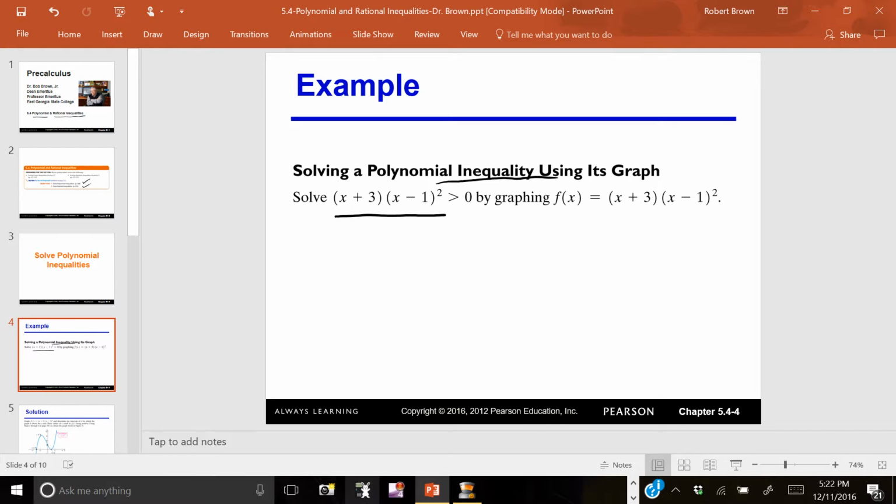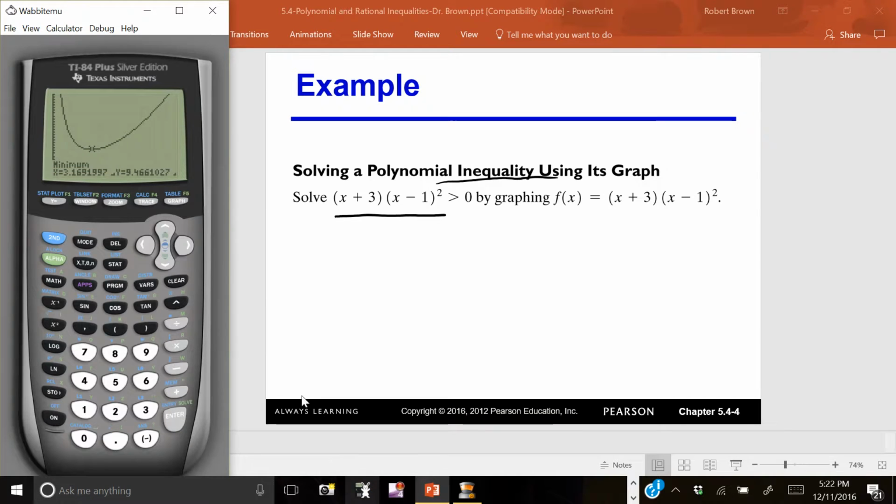So we're going to now bring up the calculator and clear out the equation and put in the graph of (x plus 3) times (x minus 1) squared.